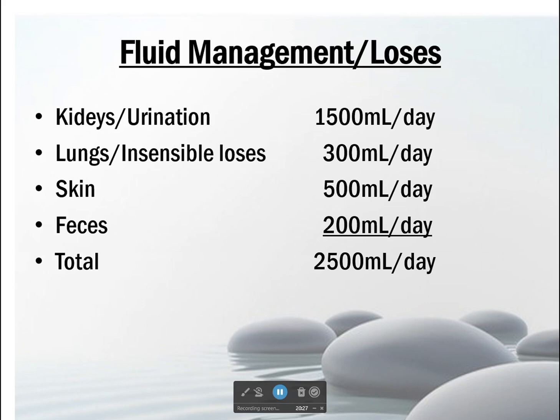Double down on that. Kidneys and urination. This is why for the remainder of the semester, you're going to hear from me over and over again questions about BUN, creatinine, potassium as it relates to kidney function. Kidney function is a key determinant in managing your overall patient outcome, regardless of the condition.